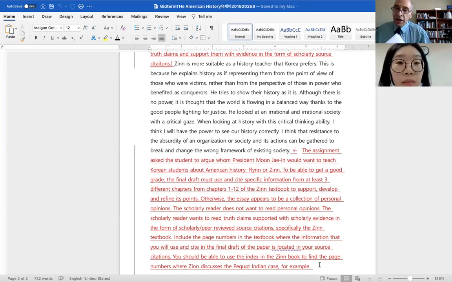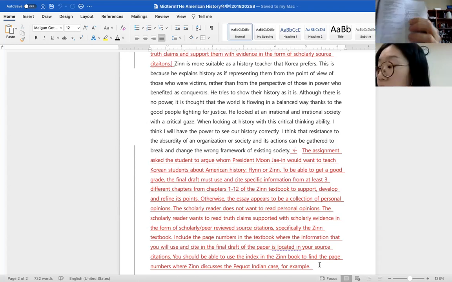Daniel Flynn talks about how Howard Zinn is wrong about the Pequot Indians, or is incomplete about the Pequot Indian case. So you go A, B, C, D, E, F, G, H, I, J, K, L, M, N, O, P, Q, P. Pequot Indians. It says on page 1415. So you see Pequot Indian here. Page 1415, okay?